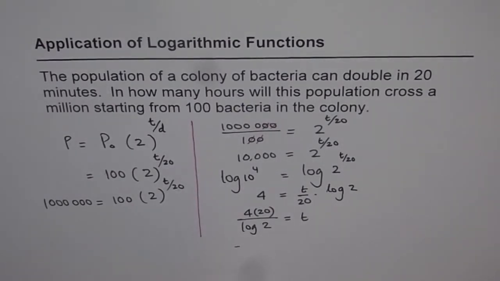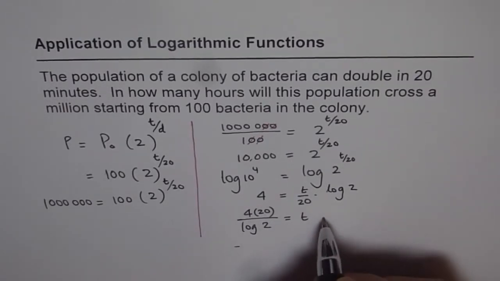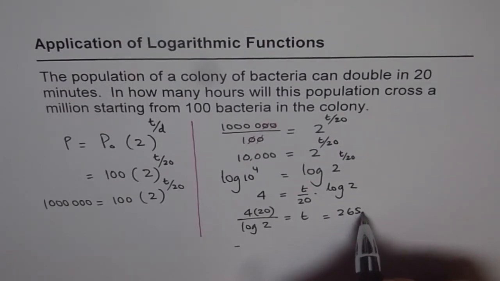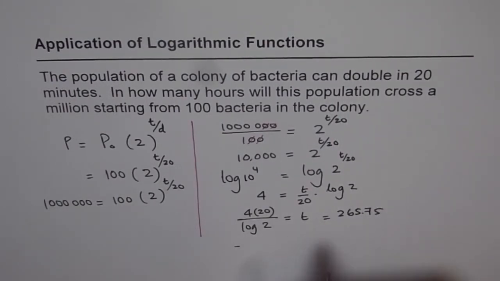So 4 times 20 is 80, divided by log of 2, and we get 265.754. So t is 265.75.